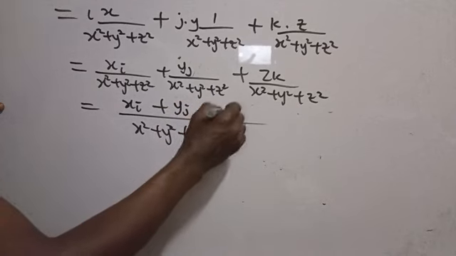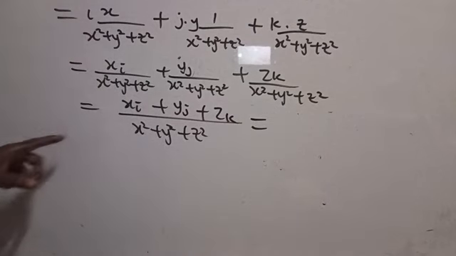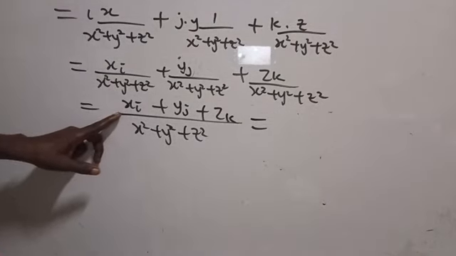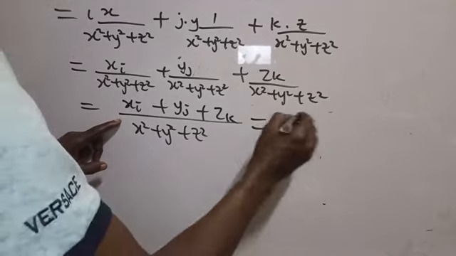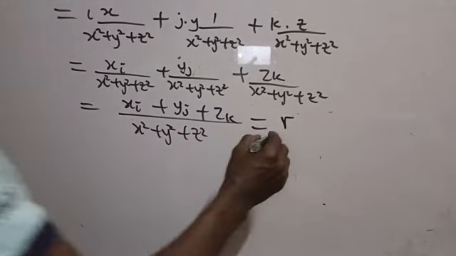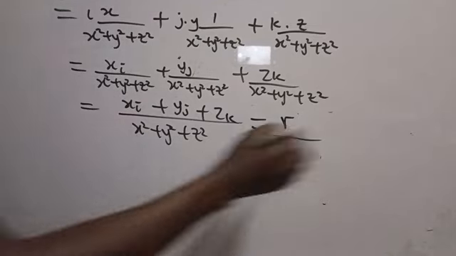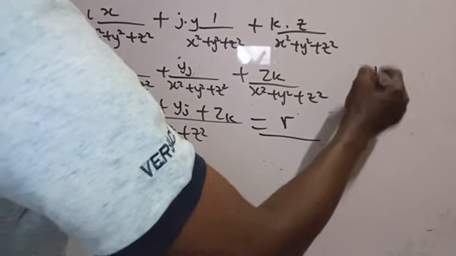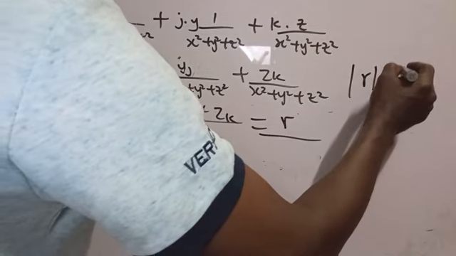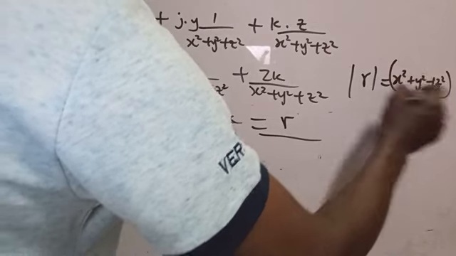Now this one, if you look at it critically, this particular thing is our r, our r component, the component of our vector. And now remember that when we are dealing with the modulus of r, we arrive at x squared plus y squared plus z squared raised to half.